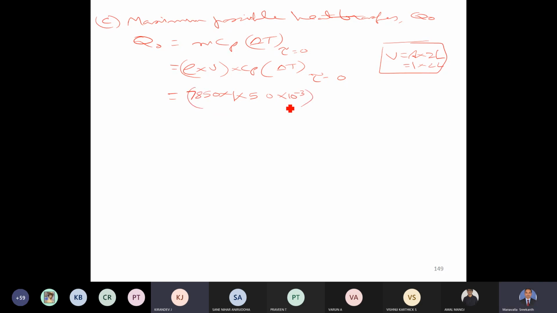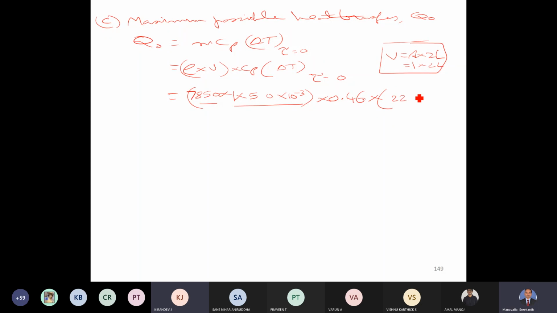So this is the volume. Volume multiplied by the density will give you the mass. So this is multiplied by the Cp, given as 0.46. But remember, this is in kilojoule per kilogram Kelvin. Therefore, whatever heat you calculate here will also be in kilojoules. Multiplied by the initial temperature difference.